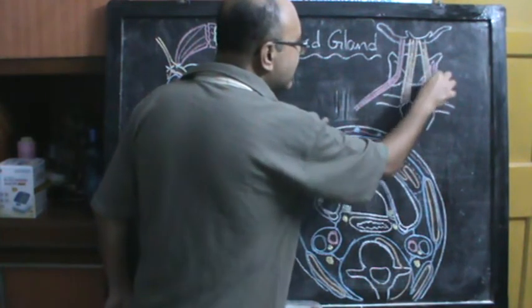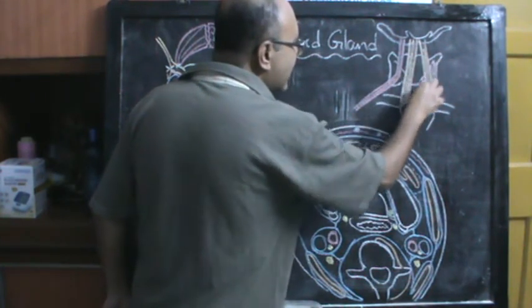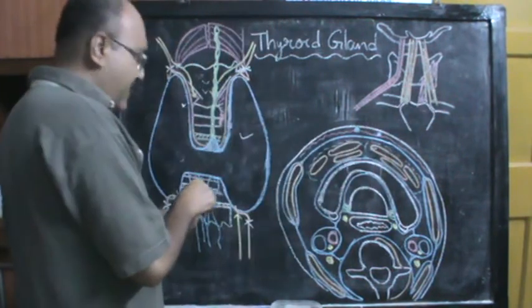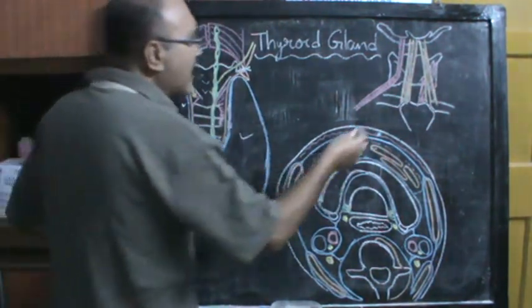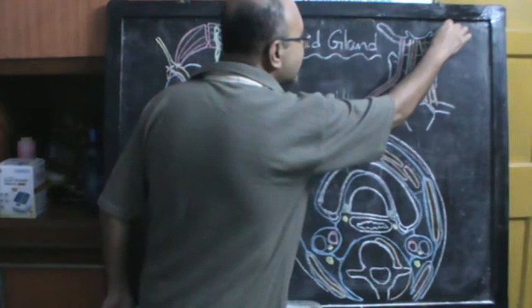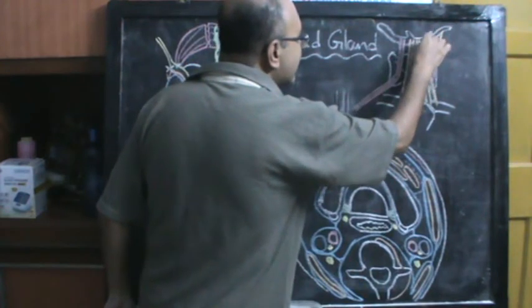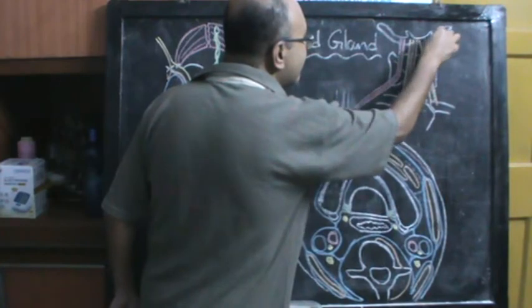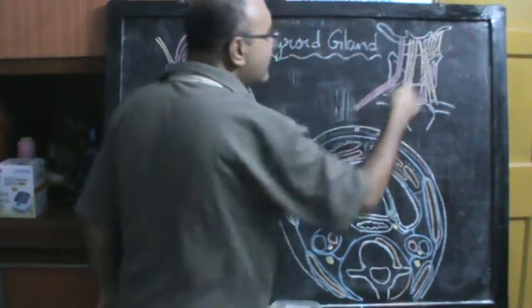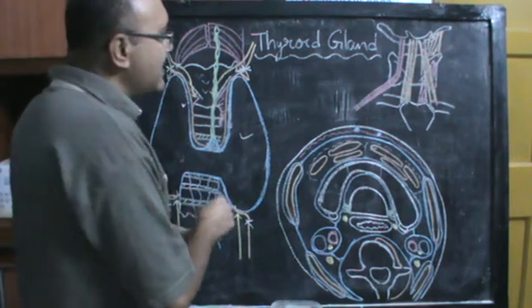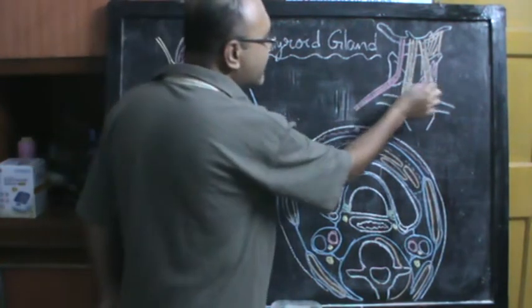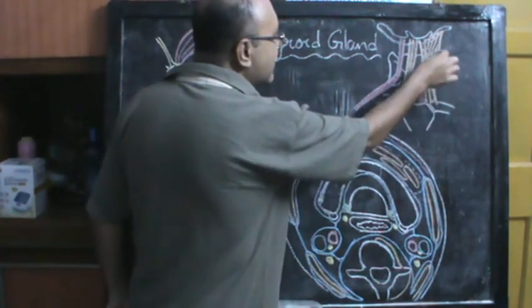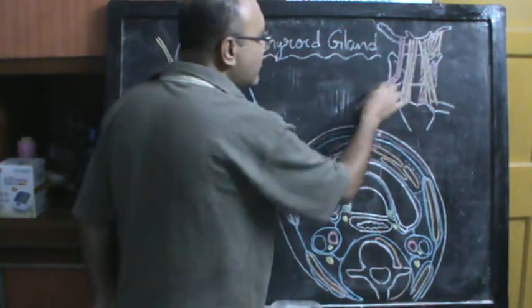From underneath the sternohyoid you have the sternothyroid, and beyond the sternothyroid you have the thyrohyoid muscle like this. This then is the thyrohyoid. So now you have drawn the strap muscles. This is sternohyoid, this is sternothyroid, this is thyrohyoid, and this is omohyoid.